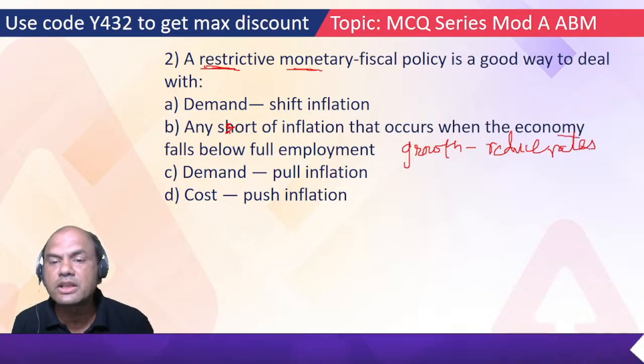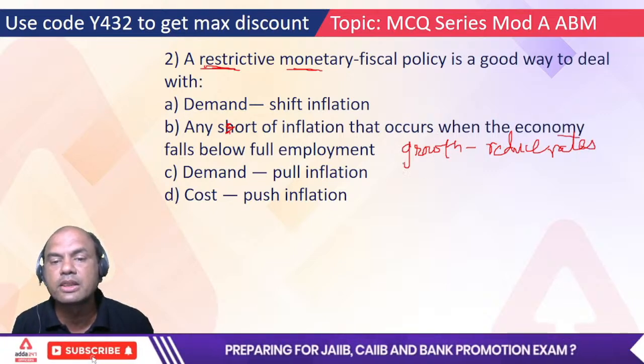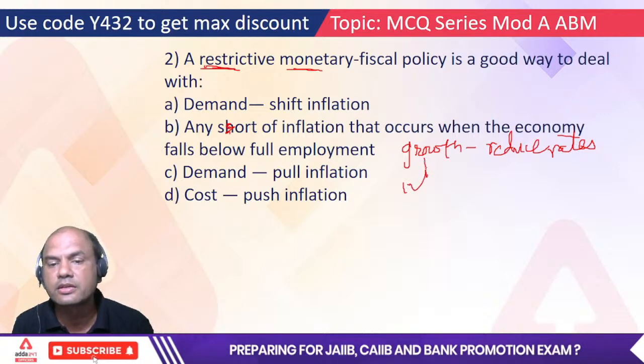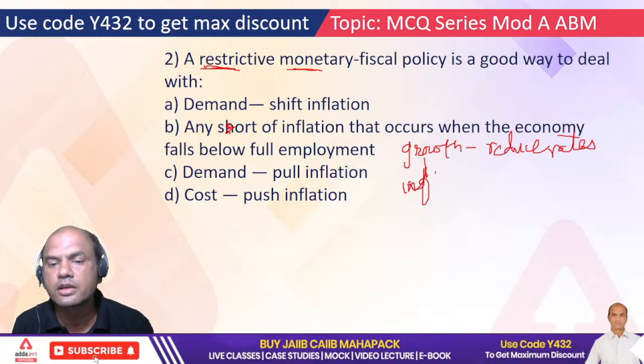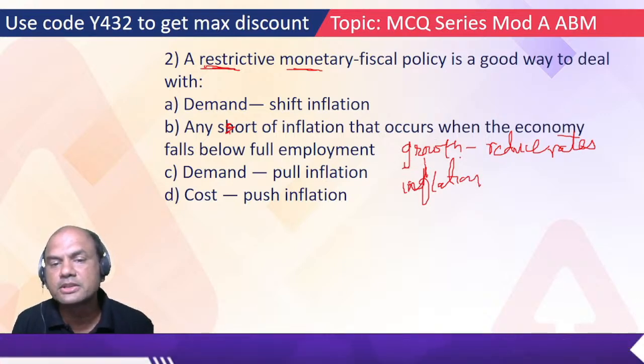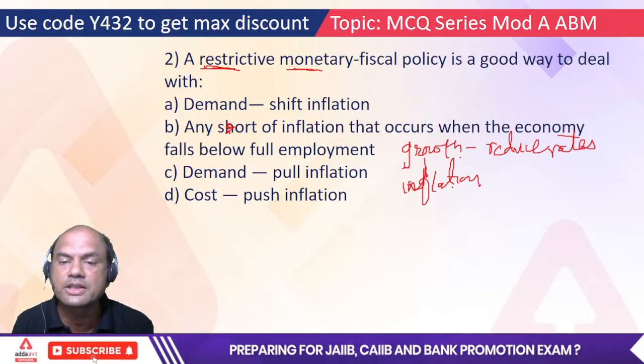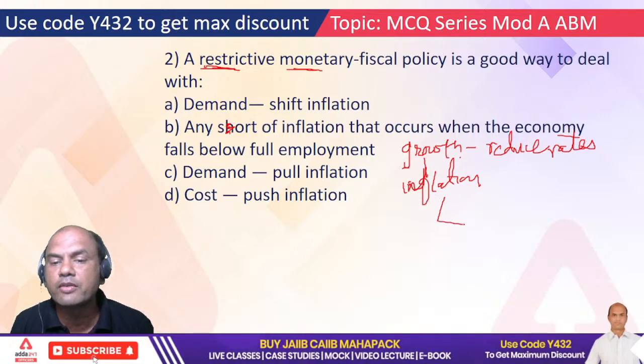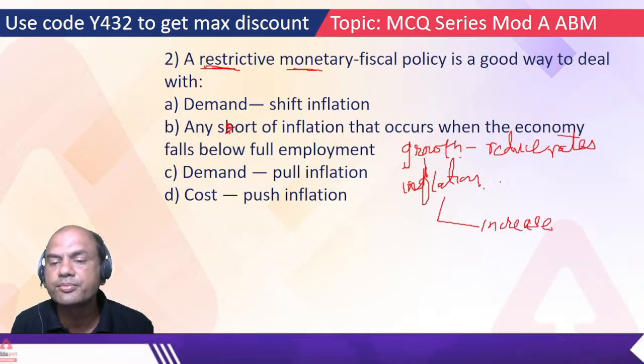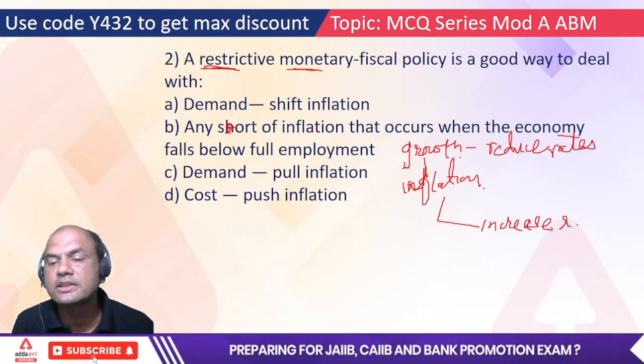But reducing the rates and giving the growth will lead to inflation. As the growth happens, inflation also happens. So to reduce inflation, RBI will increase the rates. Now increasing the rates means what?